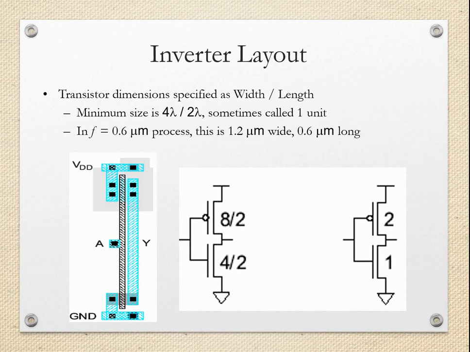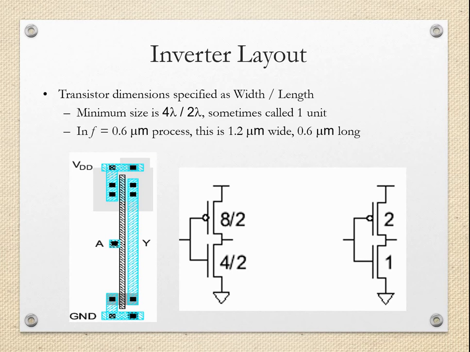The inverter circuit consists of one P MOSFET and one N MOSFET, and generally the size of the P MOSFET is on an average twice the size of the N MOSFET, because this P MOSFET has to carry the load current.